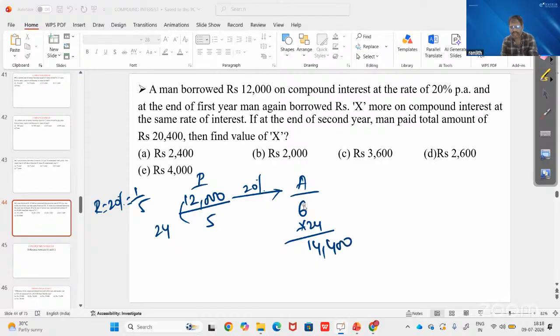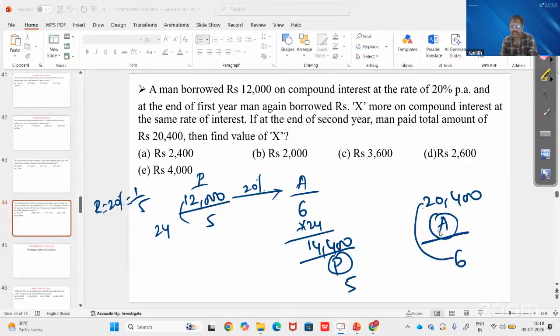This is again the principal for the second year. So this is the first year amount we are getting. After 2 years I'm getting 20,400. Again principal is 5 parts, amount will be 6 parts. So 6 into 34 equal to 20,400.